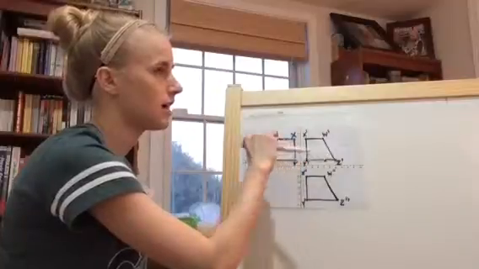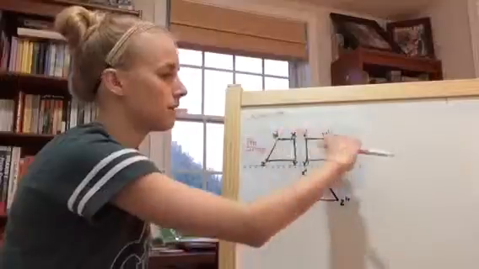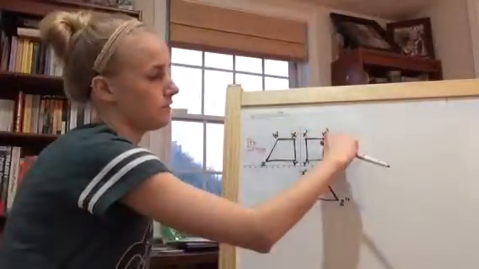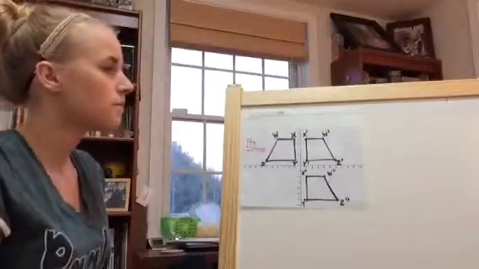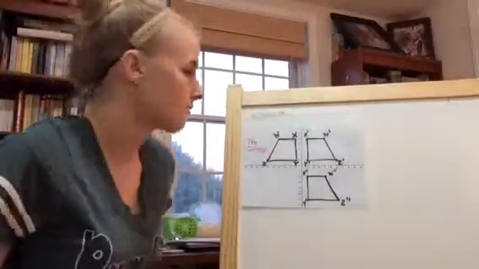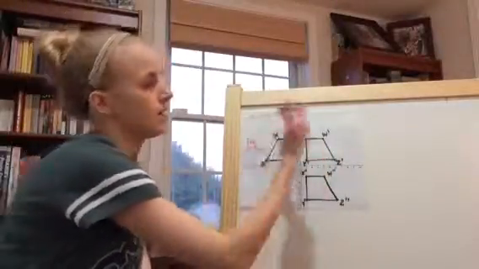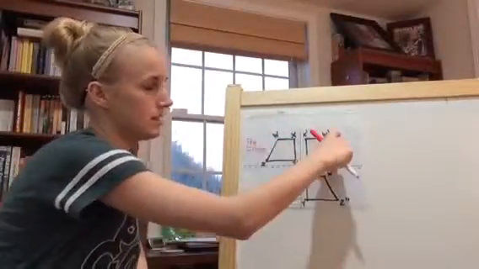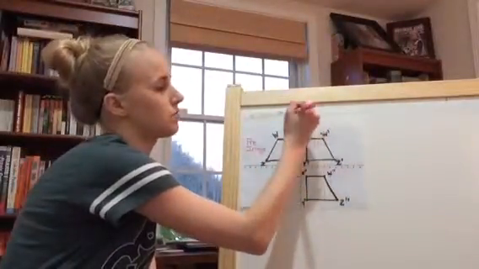If it was a translation, which is a slide, my x would be over here and my w would be here. A little kind of crazy talk. But you should have been able to recognize that it was a reflection. And since it was a reflection that went from here to here, I know that it was a y-axis reflection this way.